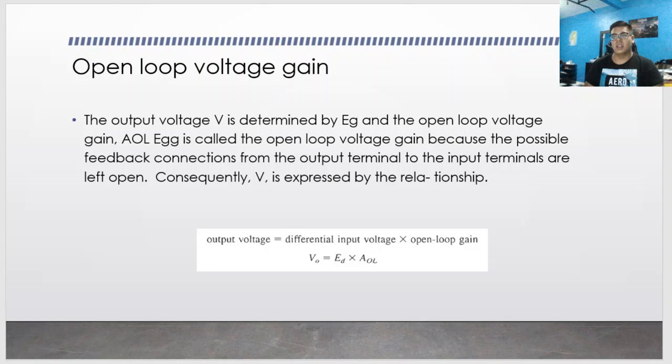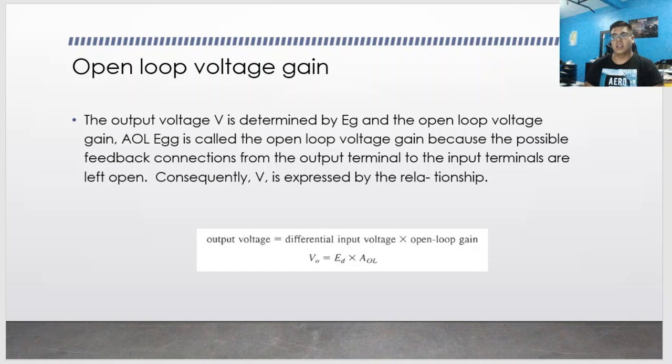Consequently, the output voltage is expressed as follows: output voltage VO equals the differential input voltage ED times the open loop gain AOL.